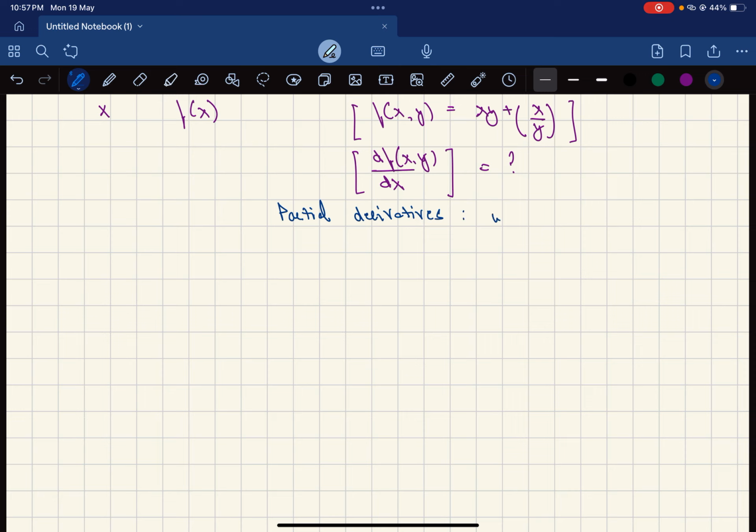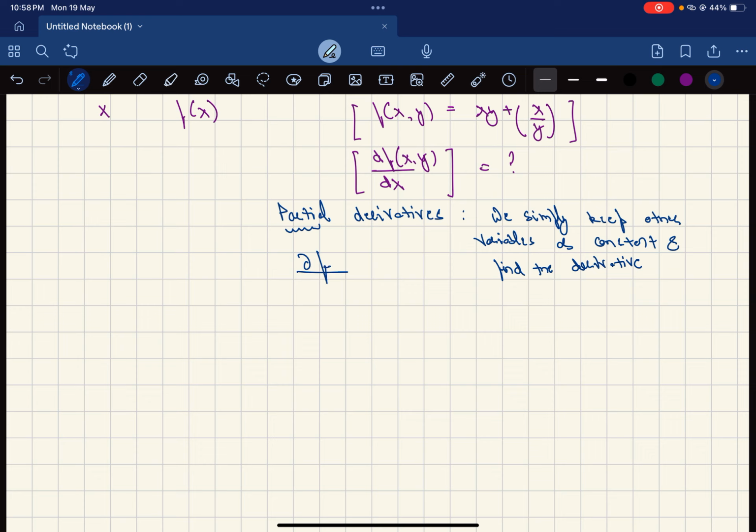What we do is we simply keep other variables as constant and find the derivative. By the way, this partial derivative is denoted by this particular sign.